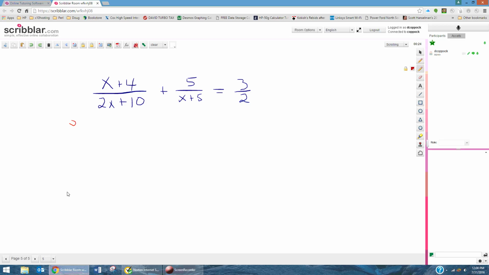So let's do one more. I need an LCD of all these denominators. Well, before I can get the LCD, I better factor that 2x plus 10 into 2 times the quantity x plus 5.